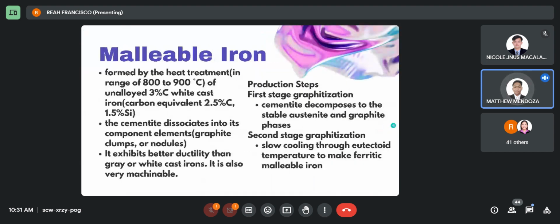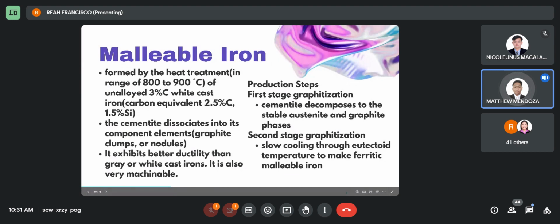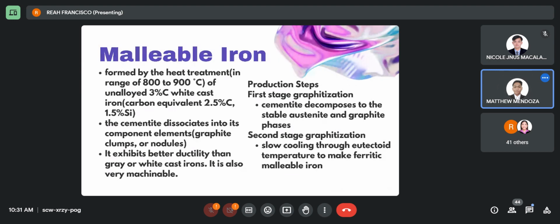Malleable iron is formed by the heat treatment of white cast iron. So heating white iron at temperatures of 800 degrees Celsius to 900 degrees Celsius for a certain period of time in a neutral atmosphere to prevent oxidation causes a decomposition of the cementite, forming graphite in the form of clusters or rosettes surrounded by a ferrite or pearlite matrix depending on the cooling rate.